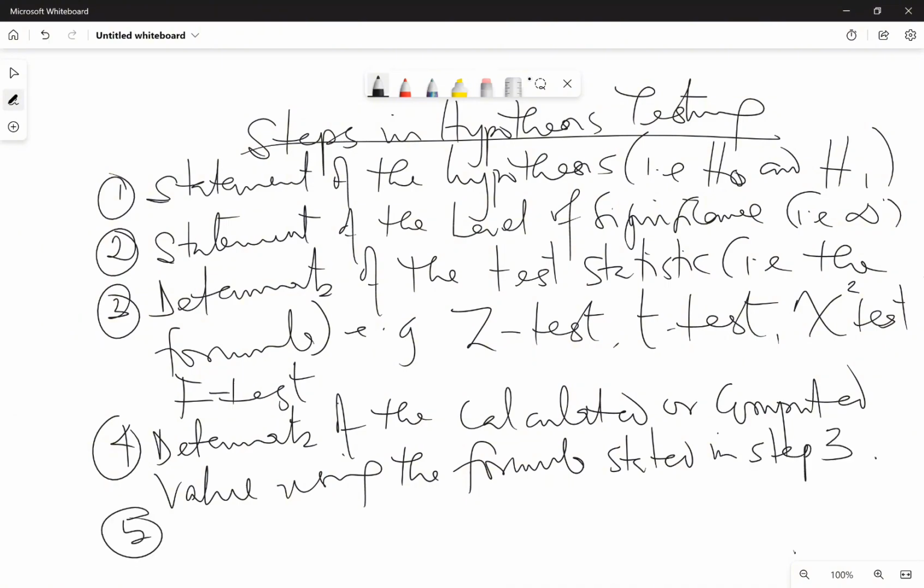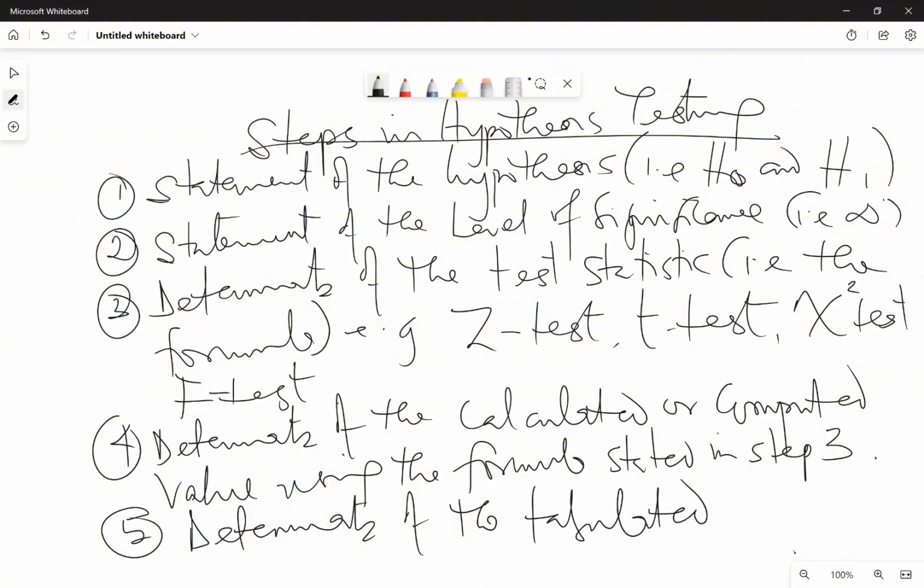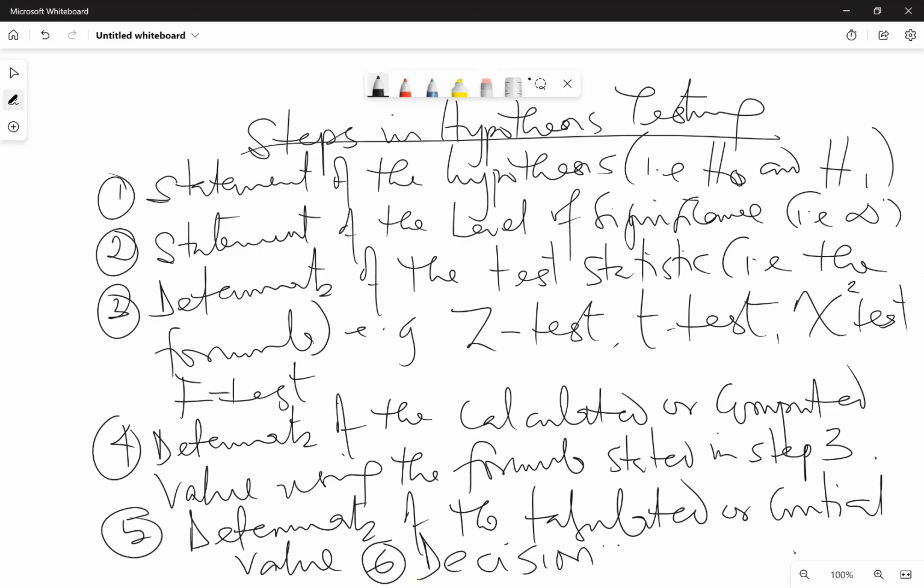Step 5, determination of the tabulated or critical value. That's step 5. Step 6 is decision. And step 7 is conclusion. Those are the 7 essential steps in testing hypothesis.